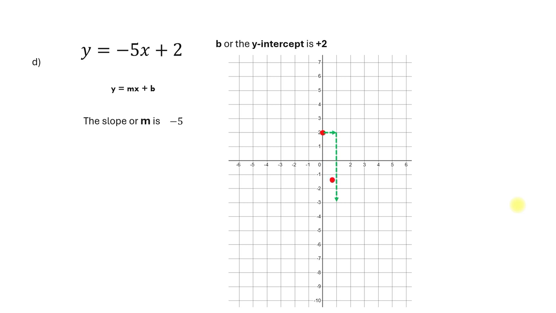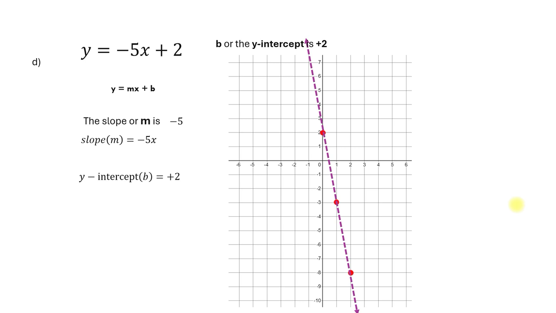Plot the point. Over 1 unit, down 5. Plot the point. Connect the coordinates. And this is what the graph y equals -5x plus 2 looks like, with a slope of -5 and a y-intercept of +2.